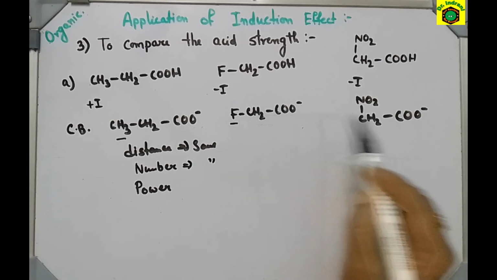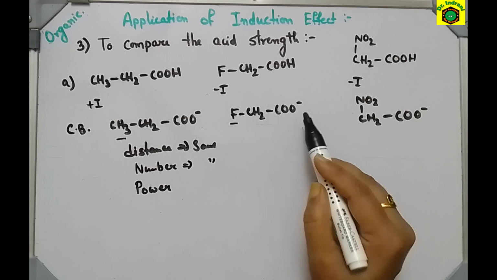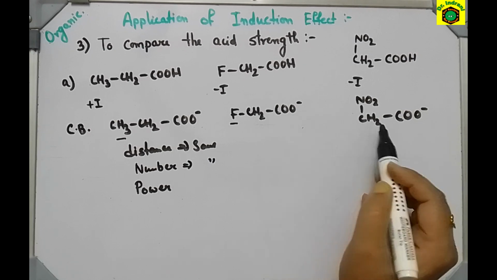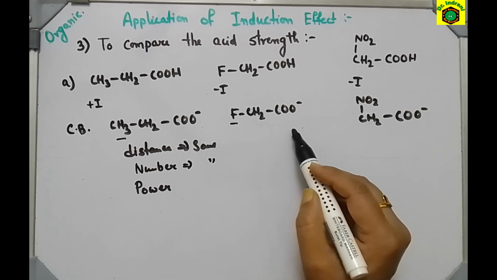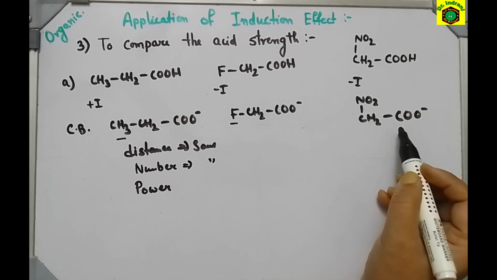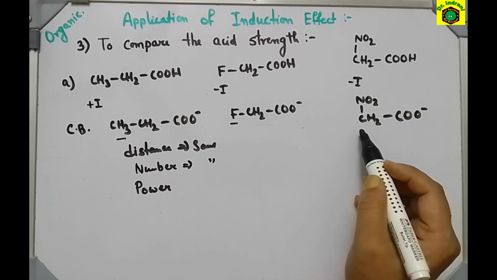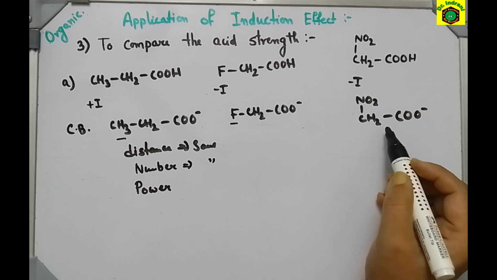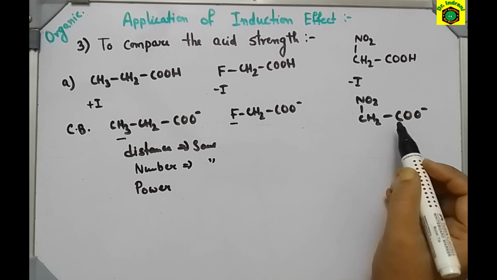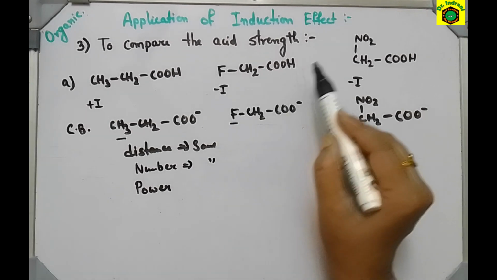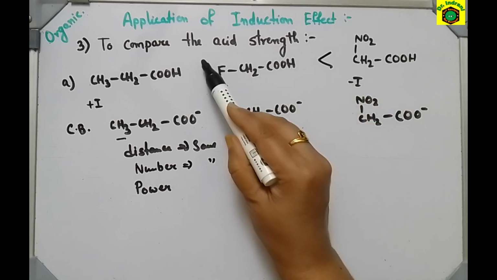This will pull electron density and the anion or conjugate base will become stable. Here the nitro group has maximum minus I effect between these two. So the maximum stable anion or conjugate base is this one. If we compare the acid strength, it will be like this.